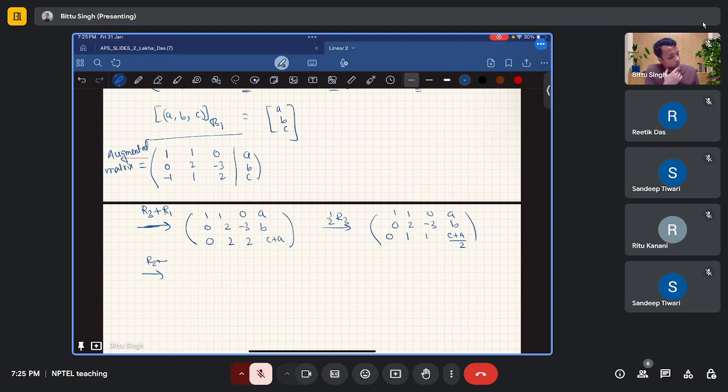R2 and R3 are exchanged, so we get 0 1 1 | (c plus a)/2, then 0 2 -3 | b, and above is 1 1 0 | a.